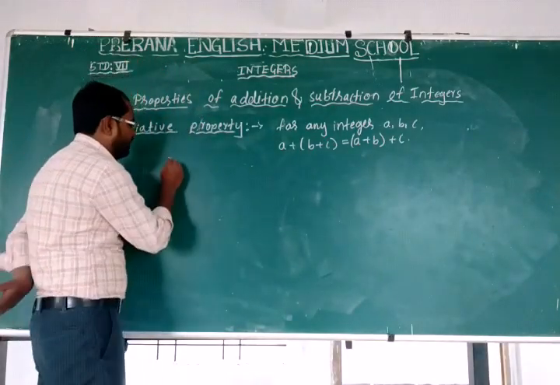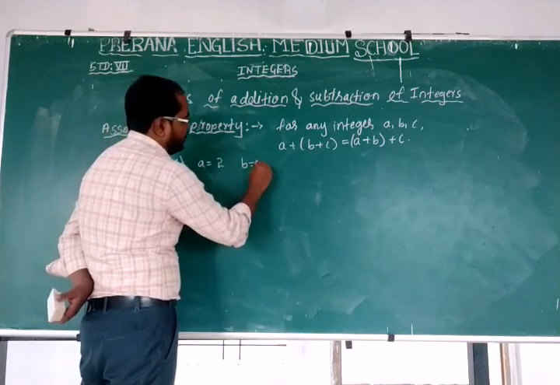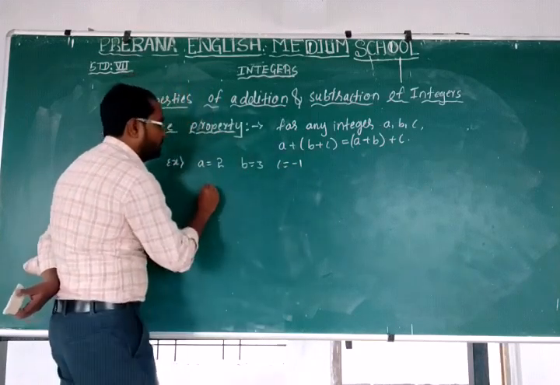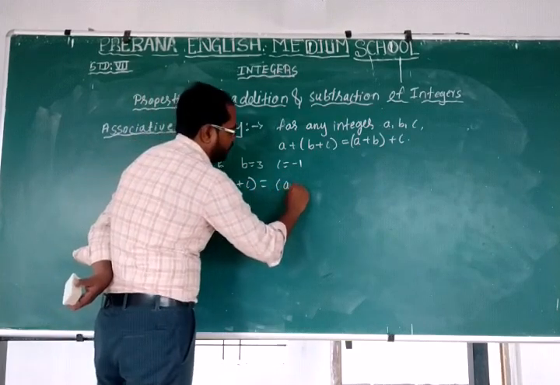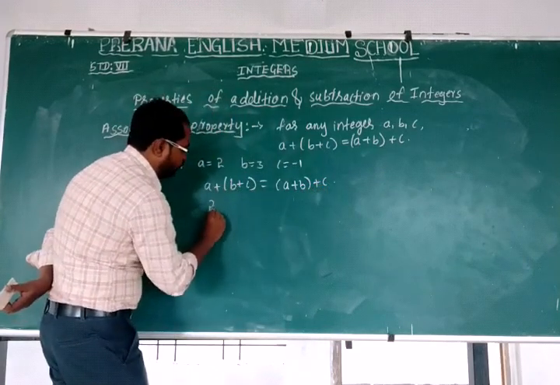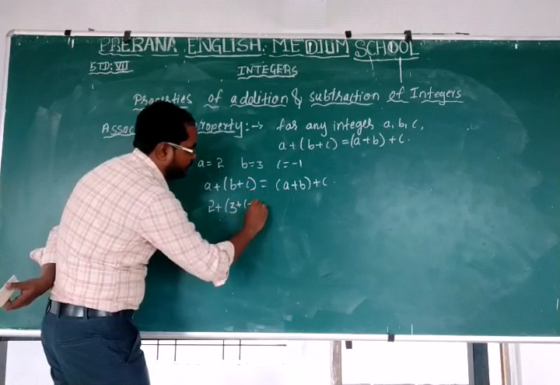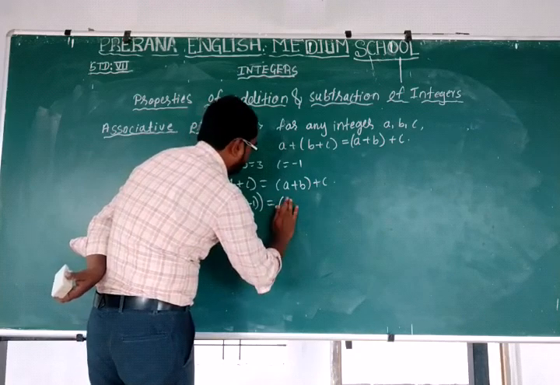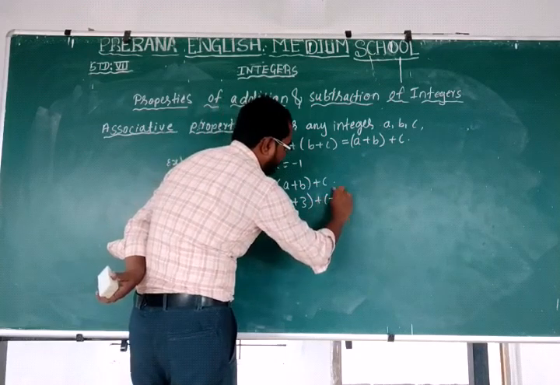We'll take one example and solve. Let me take a equal to 2, b equal to 3 and c equal to minus 1. We'll take one as a minus. So we'll check a plus bracket b plus c is equal to bracket a plus b, plus c. Substitute the values: 2 plus bracket 3 plus of minus 1 is equal to bracket 2 plus 3, plus of minus 1.